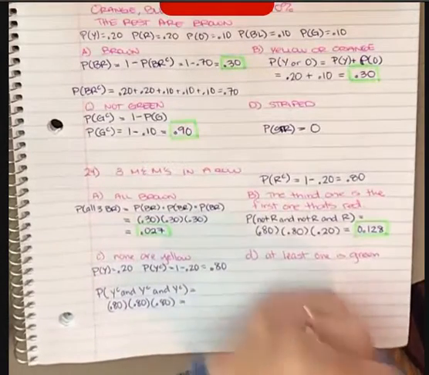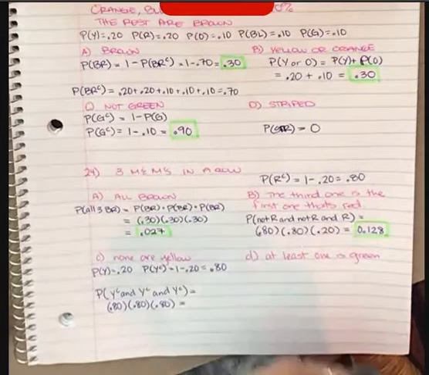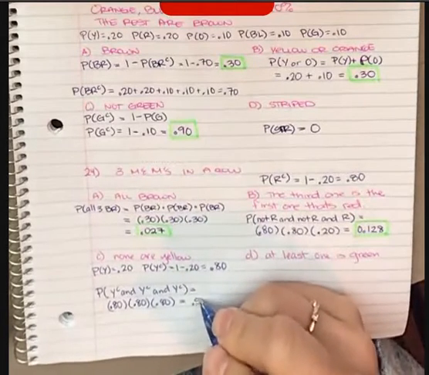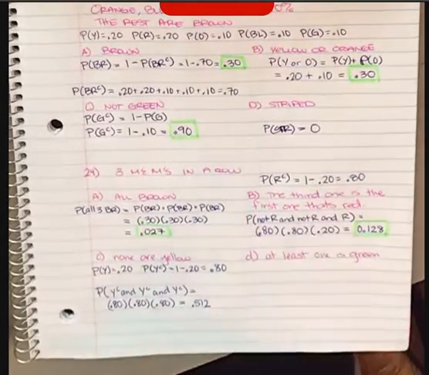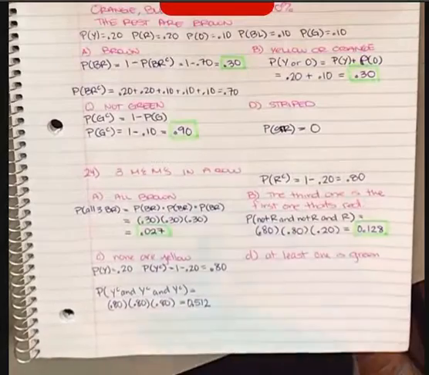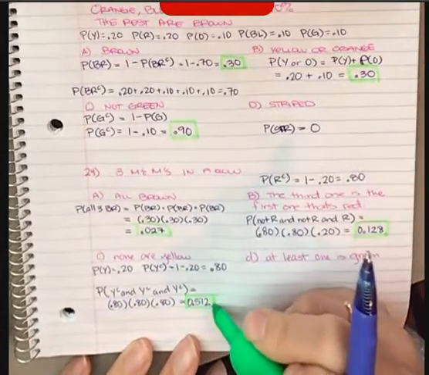When I multiply all of those together, I get 0.512. So there's a little over 50% probability that it's going to be not yellow for all 3 in a row.